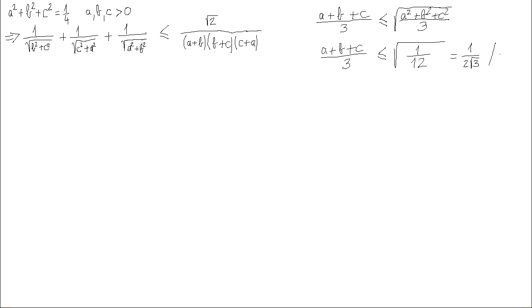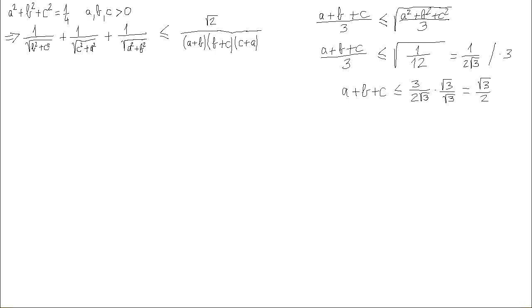And when we multiply this by 3, we actually know that a plus b plus c is less than or equal to 3 over 2 square root of 3, or if we multiply to get a rational denominator, square root of 3 over 2.